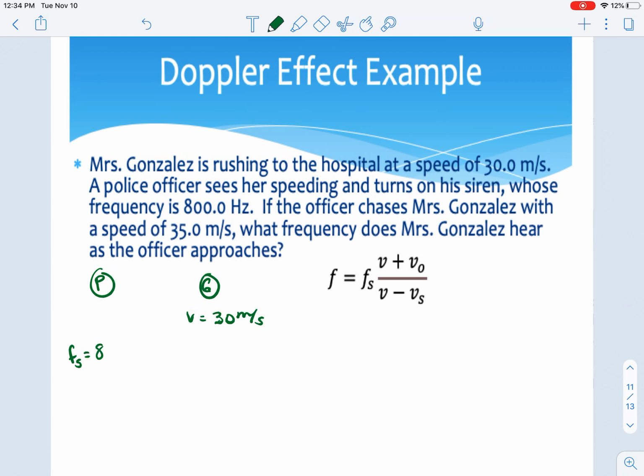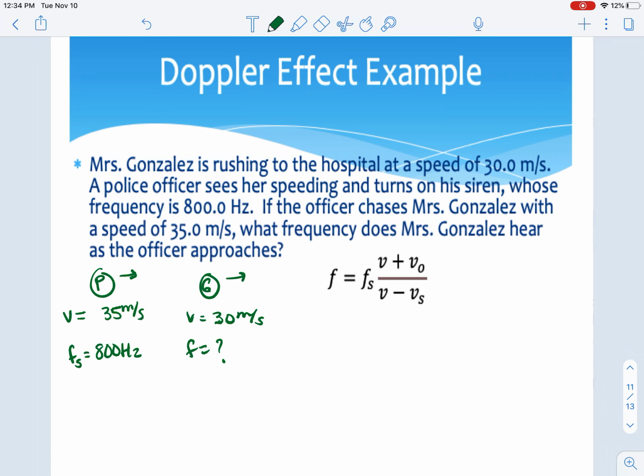The police officer is turning on the siren, and so the actual frequency of the siren is 800 hertz. The officer is chasing Miss Gonzalez, which means that she is driving away from the police officer, and the officer is chasing Miss Gonzalez with a speed of 35 meters per second, so that is his velocity.